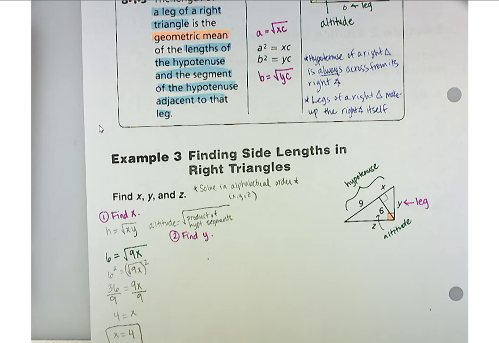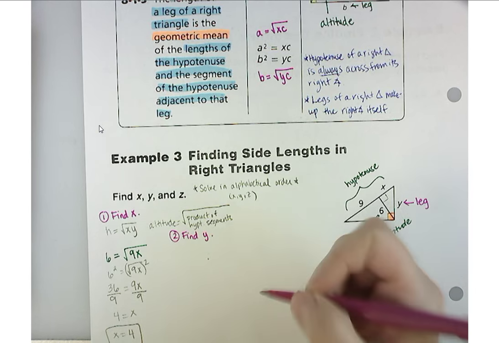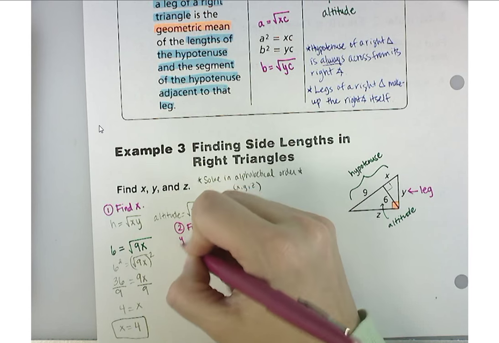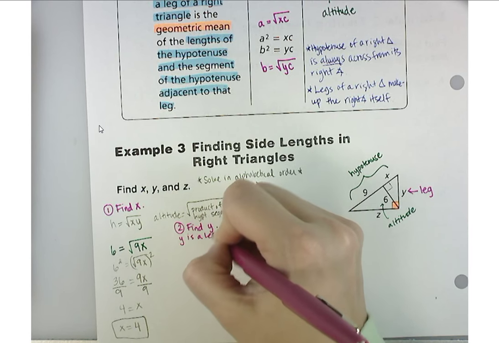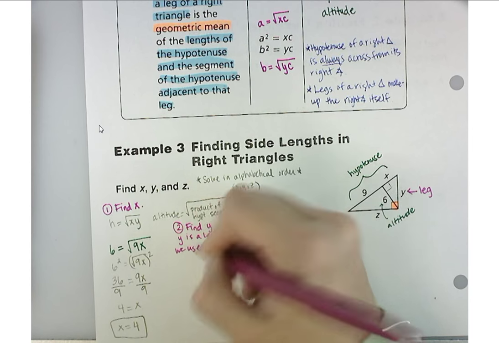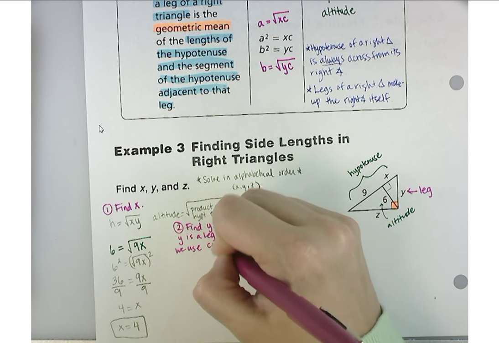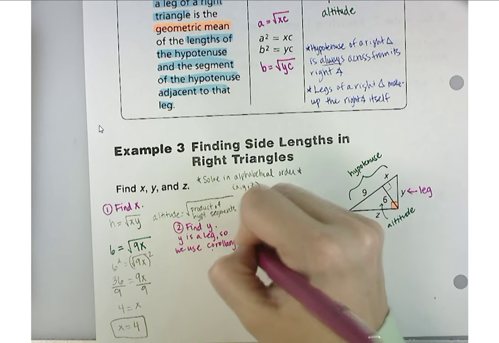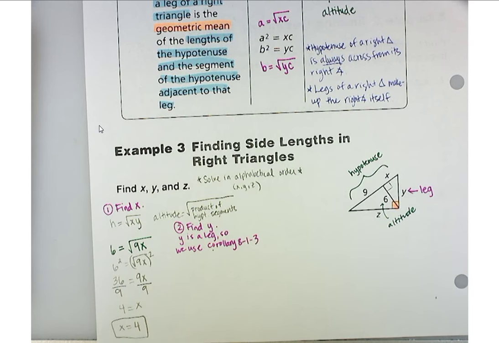So if you're finding y, y is a leg, so we use corollary 8-1-3, which tells us that the leg is the geometric mean.